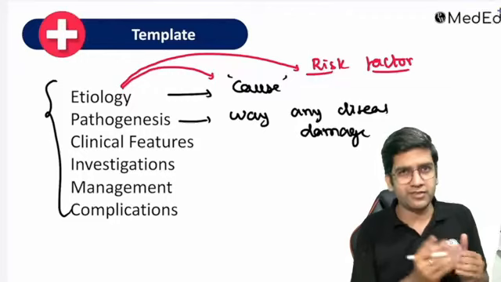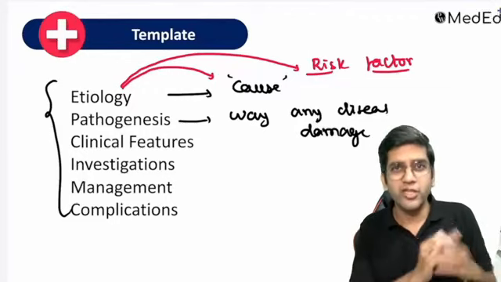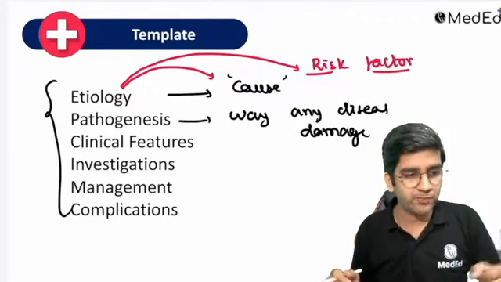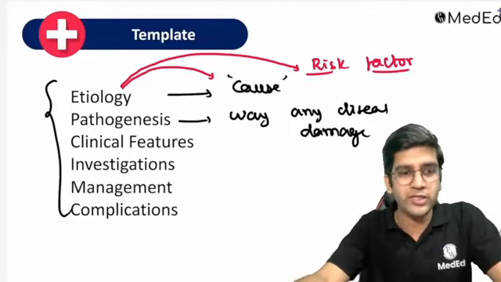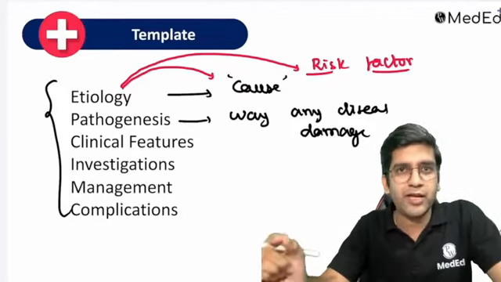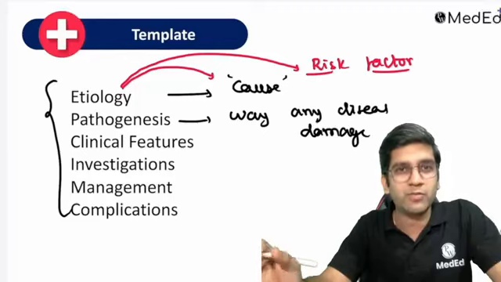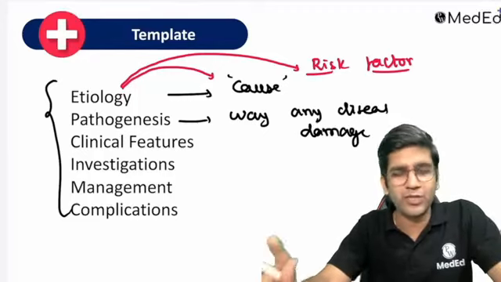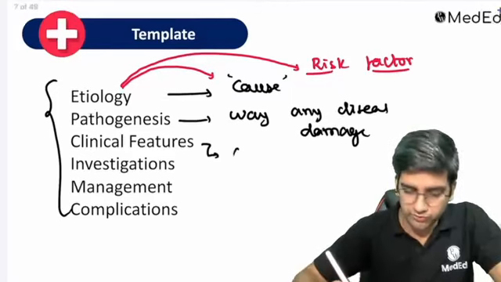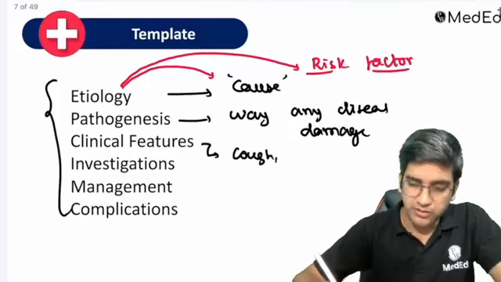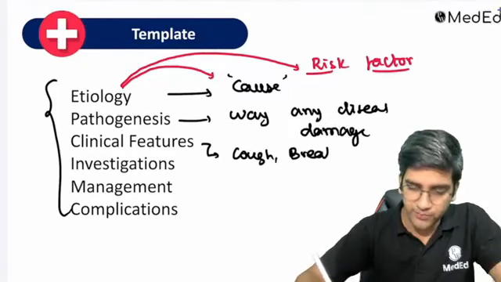When I come to clinical features, I'm sure you know about clinical features. In COVID, what do you think is a clinical feature? Some of you might have had COVID also, or your family members might have had COVID. Can anyone comment any one clinical feature which comes to your mind in COVID? So clinical feature tells if it's COVID, cough is a clinical feature, breathlessness is a clinical feature, right?